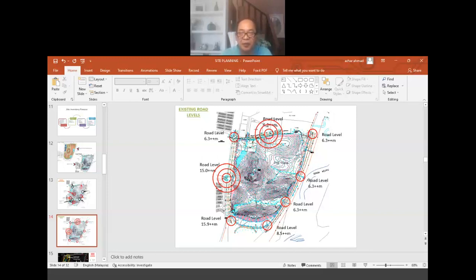So we have about 6.3, the lowest level, to the highest level of approximately 15.9. So this gives an indication of the existing road level around the site.